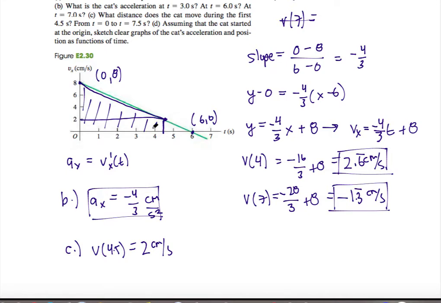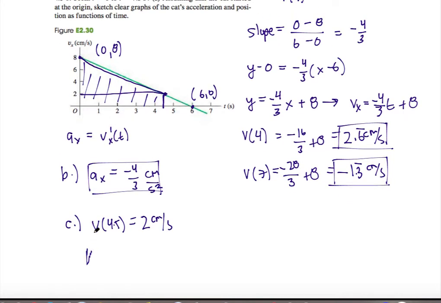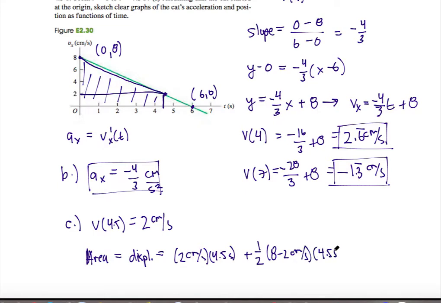And so I have two sections here. So this is right at 2, so I have a rectangular section and a triangular section. So my area here, and therefore my displacement, is going to be 2 centimeters per second times 4.5 seconds plus the triangular area, which is going to be 1/2, and the height of this is going to be 8 minus 2 centimeters per second, times, again, the base of 4.5 seconds.